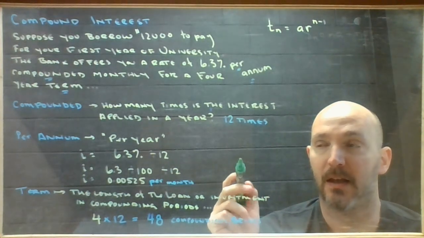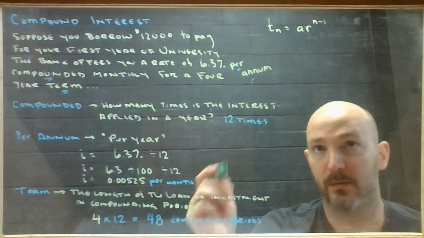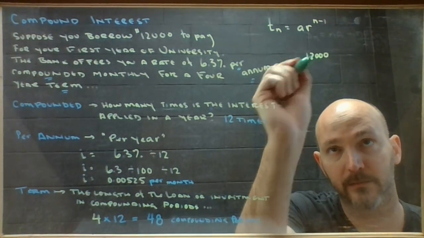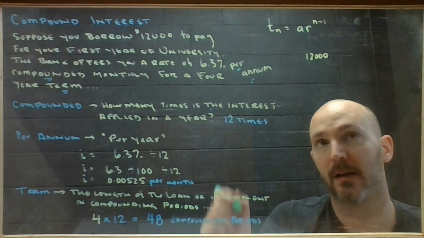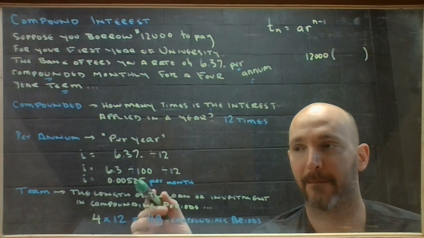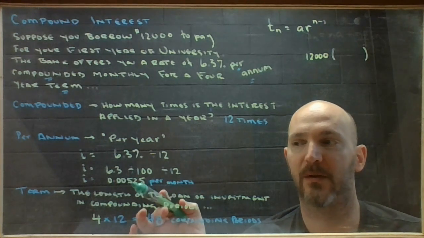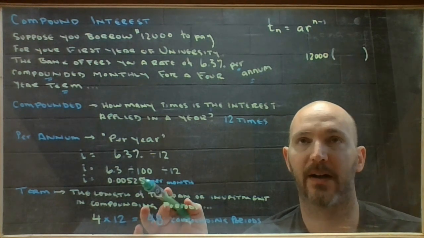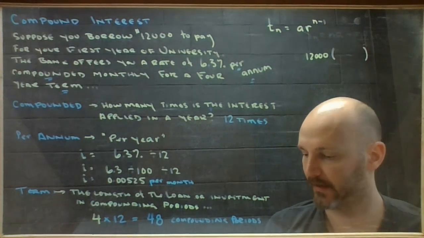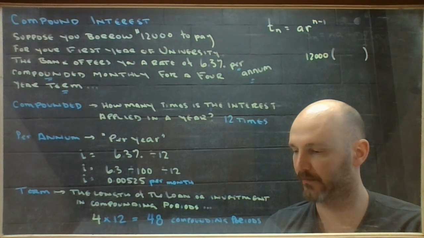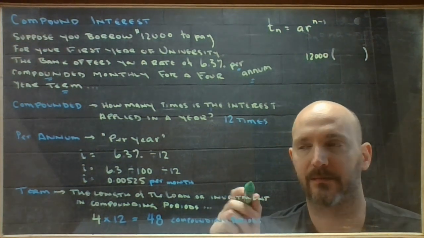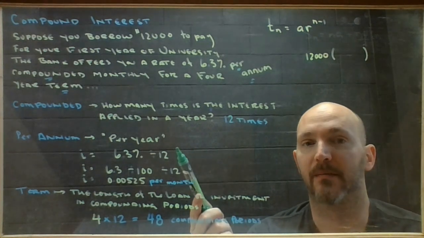Well, if you think about this loan, you take the $12,000 and then you're going to have to multiply it by this. Now, if you do 0.00525 times 12,000, you're going to get, well, we might as well do it. You get $63. Now, that's just the interest.